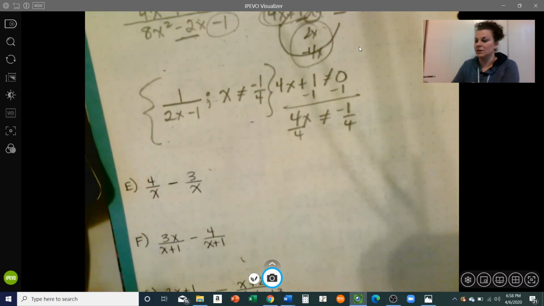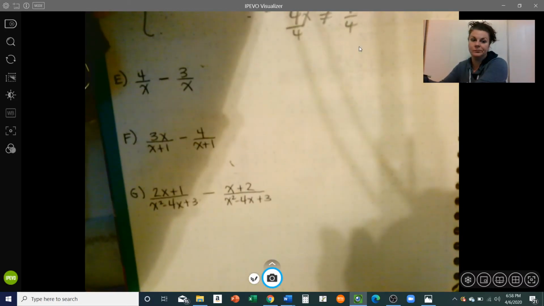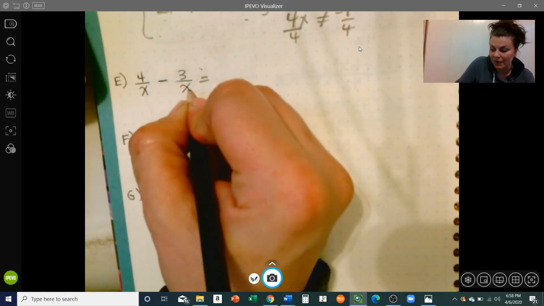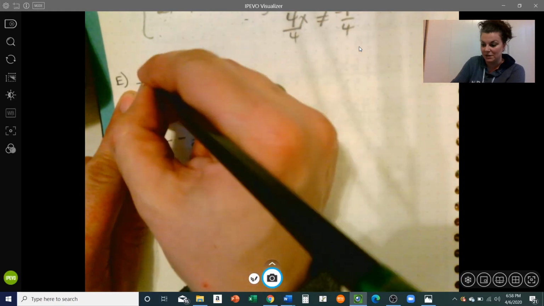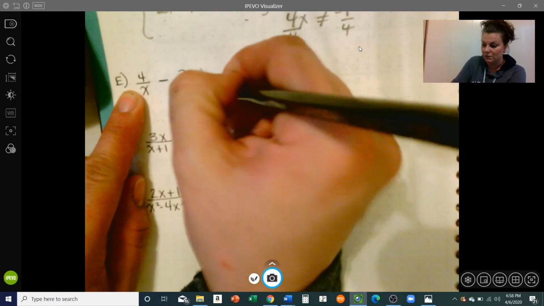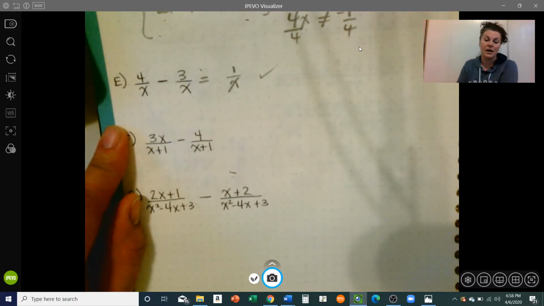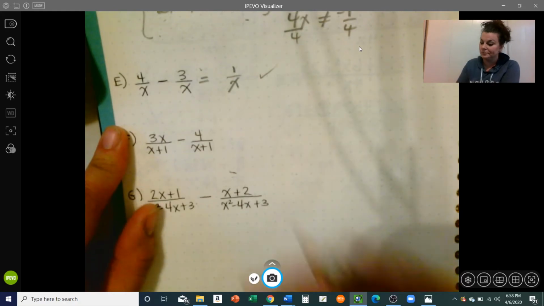The next problems are subtraction problems. So here I have my x's in the denominator and I'm just subtracting. So 4 minus 3 is 1. So my answer is 1 over x and I'm done. I don't have any answers to exclude for x because I didn't cancel it out.